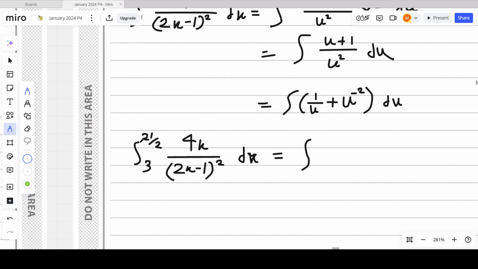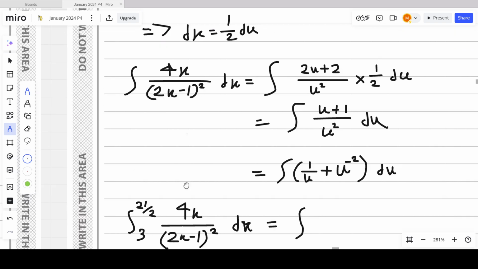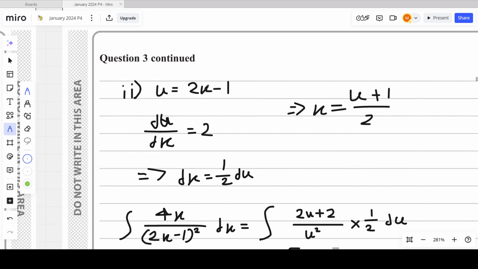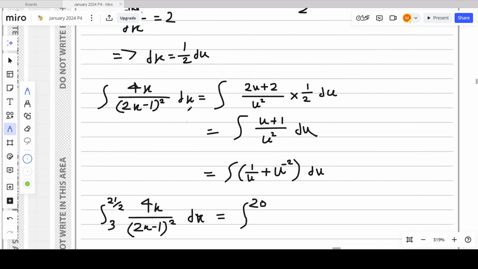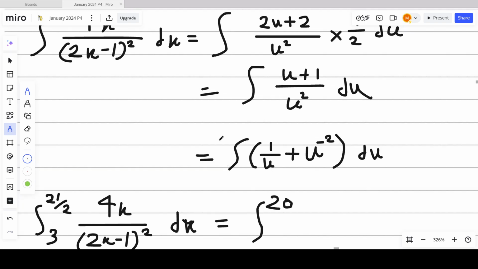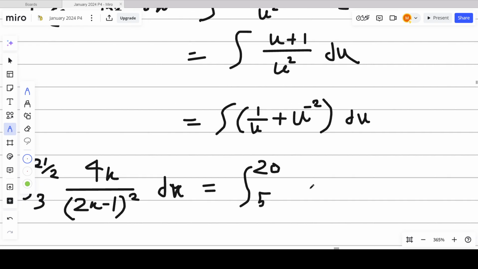If you put 21 over 2 in the place of x, you get 21 over 2 times 2, that is 21, minus 1, this is 20. Fine. And if you put 3 there, 3 times 2 is 6, minus 1, that is 5. So the integral from 5 to 20 of 1 over u plus u inverse 2 du.